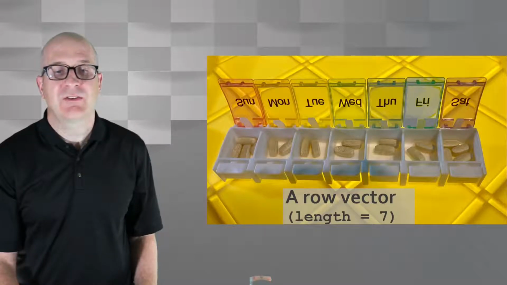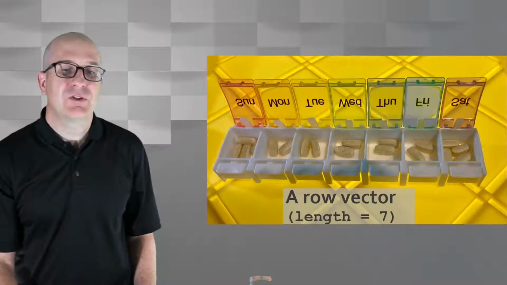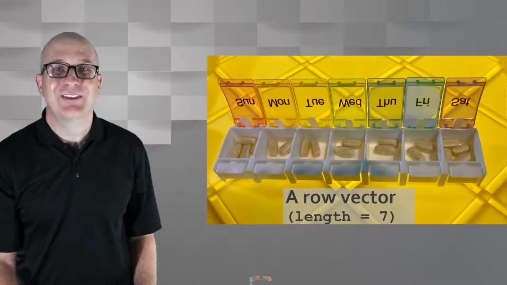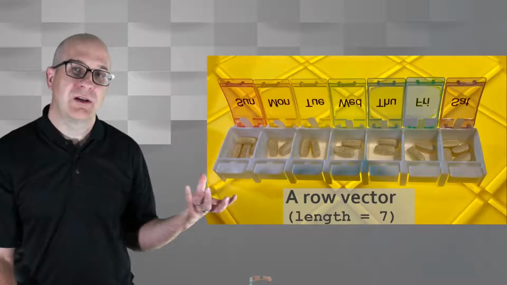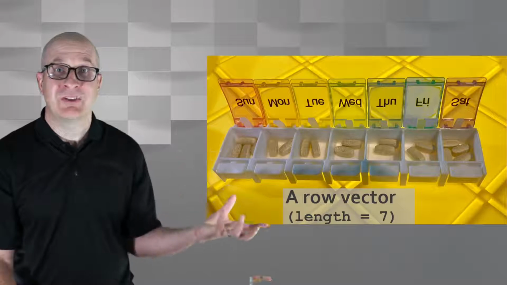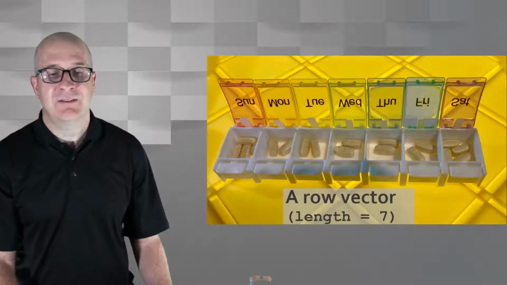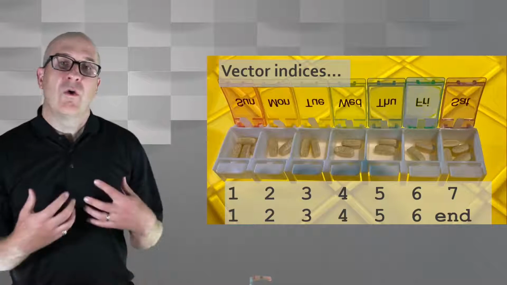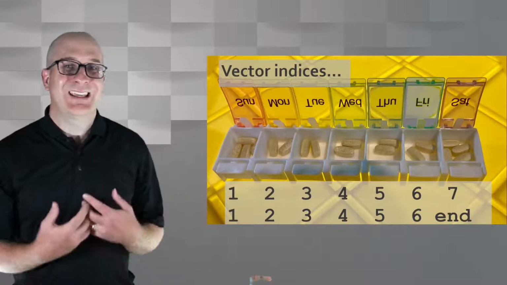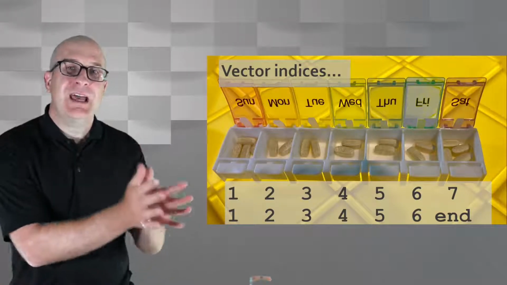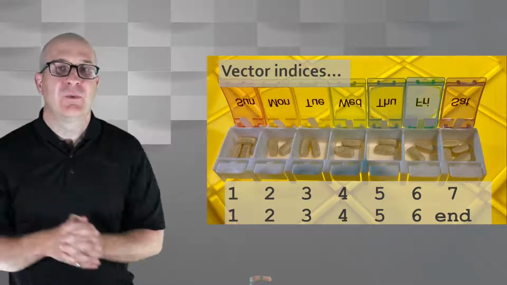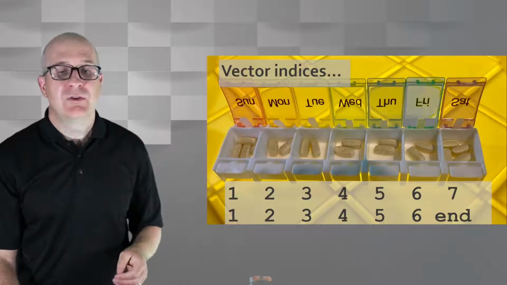So here we're going to say that there are individual components or boxes that we can store sets or numbers into, right? So here we have a Sunday box, a Monday box, a Tuesday, a Wednesday, a Thursday, a Friday, and a Saturday. So what might be more useful or easier is to index these boxes within this vector using numbers.